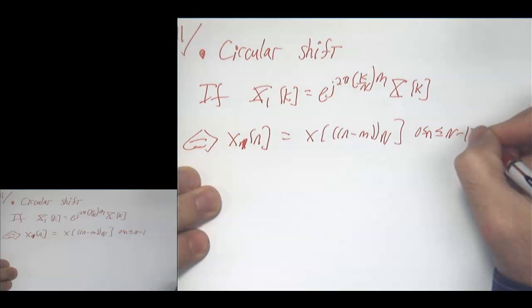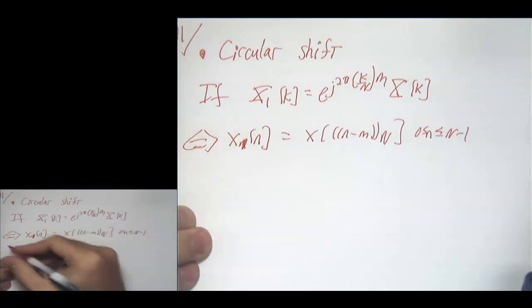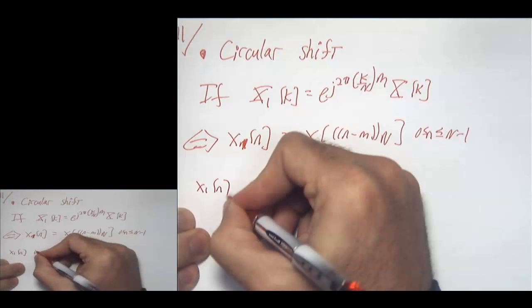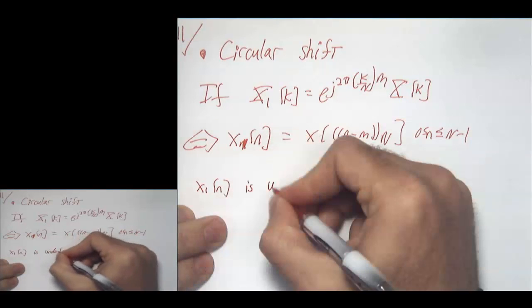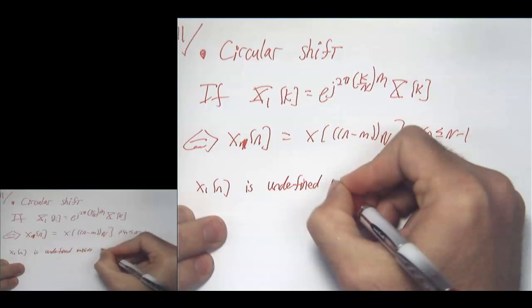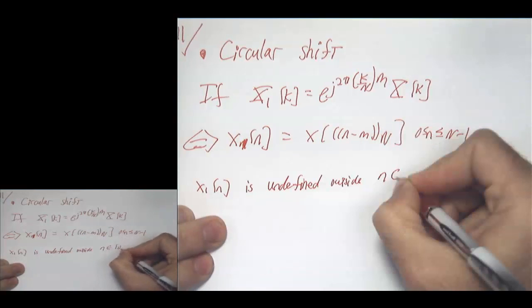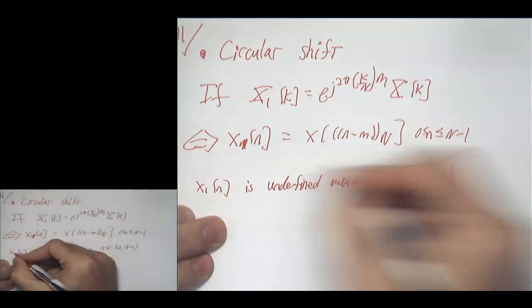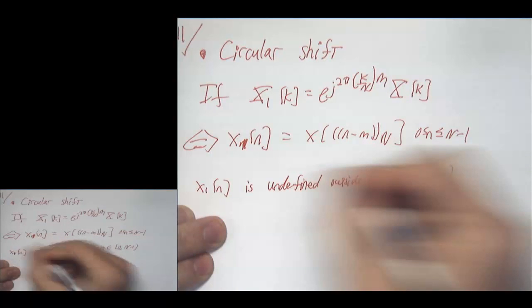And because the signal is finite length, we always treat that x of n is, strictly speaking, undefined outside the interval 0 to N minus 1.